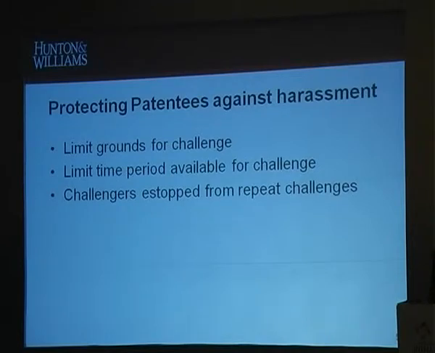Another way that challenges can be limited is to stop the challenger from filing repeated challenges. Once a decision has been made, the challenger is precluded from challenging that patent again. The AIA picked and chose among these options for different procedures.